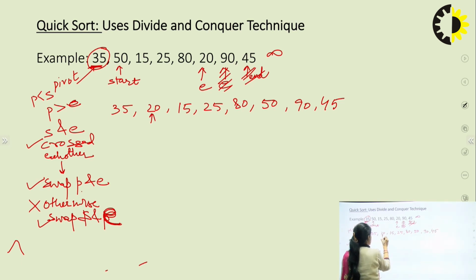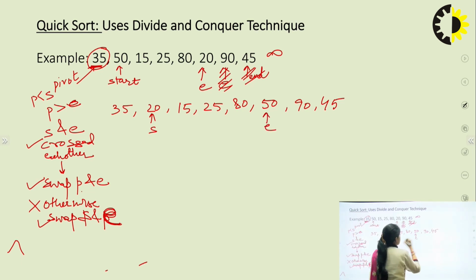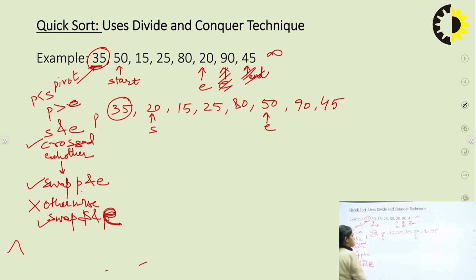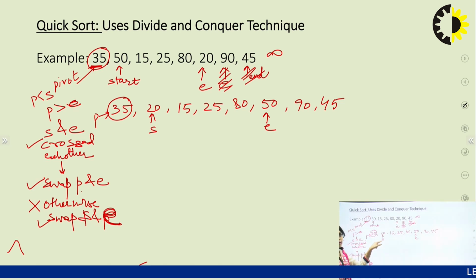This is your start, this is your end, and this is your pivot. Now again we will start comparing according to this particular condition. P less than S? True. We will move forward.